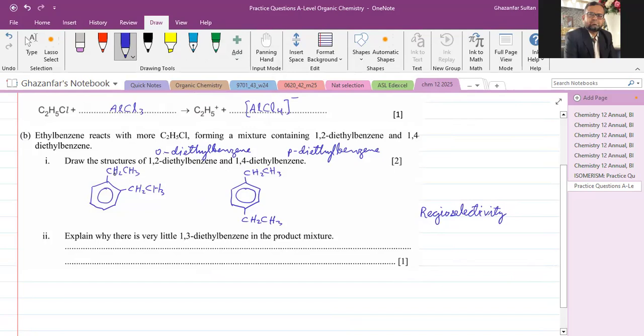So as we know, this ethyl group is a 2,4,6 directing group, but a little 3-directing product can be there.